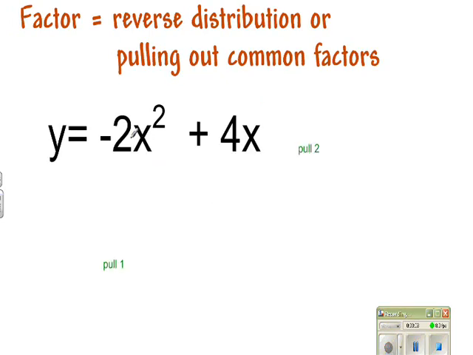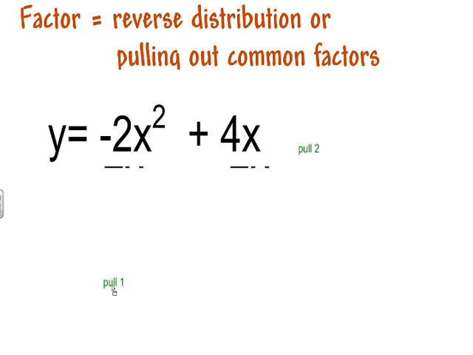Okay, let's look at these two terms. This has a factor of 2 and an x in it. This has two factors of 2 and an x. The greatest common factors are a 2 and an x. 2 is a factor of this, and x is a factor of that. 2 is a factor of this, and x is a factor of that.